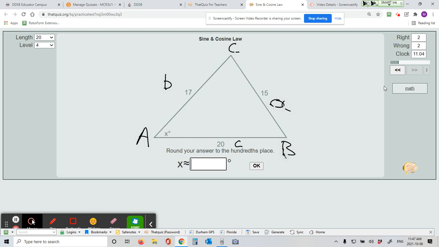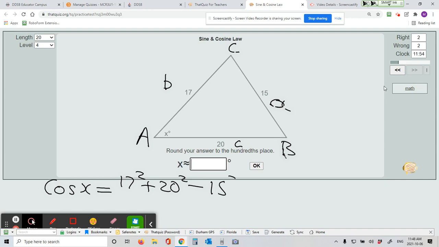Let's follow what the cosine law says now. Cosine law says for angles, the cosine of A, so remember the unknown angle is my A. So the cosine of x, in other words, is equal to b squared, lowercase b, which is 17 squared, plus c squared, lowercase c, which is 20, minus lowercase a, which is 15.